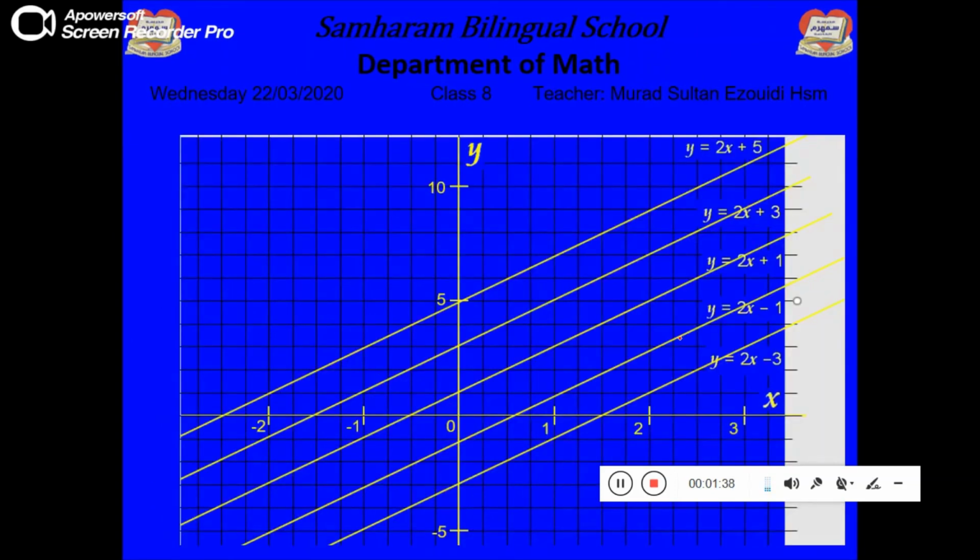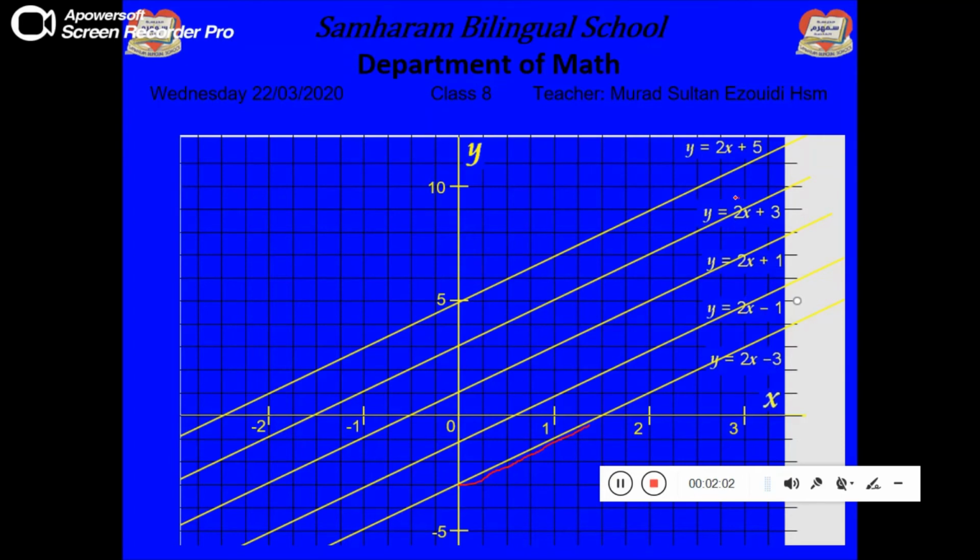Then let's talk about the gradient of lines which are parallel: they always have the same gradient. For example, this line has the equation y equals 2x minus 3, and this one has an equation of the form y equals 2x minus 1. This is y equals 2x plus 1, and so on.